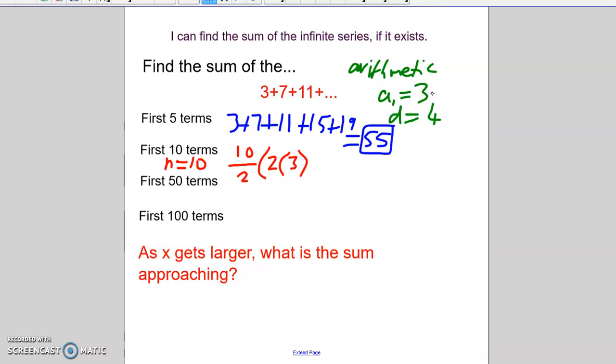And then we need our n, which is 10 minus 1 times the d value, which is 4. Okay, so this is all in a bracket. And so this 10 divided by 2 is 5, and then everything in that bracketed stuff is 42.